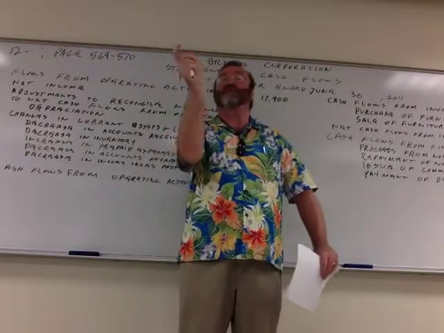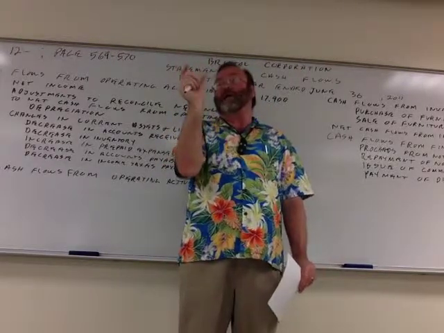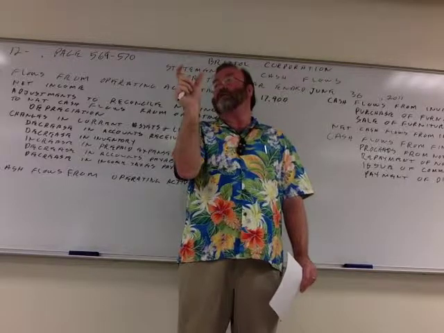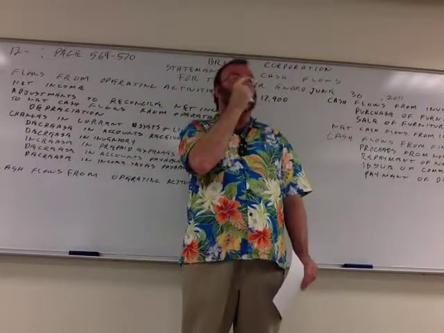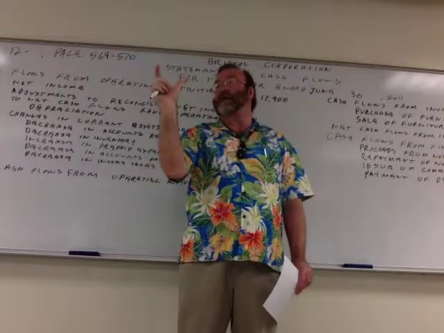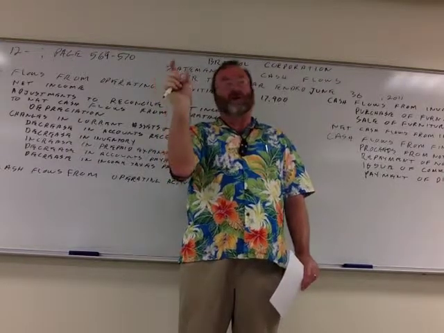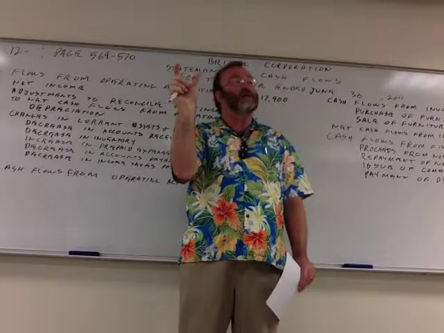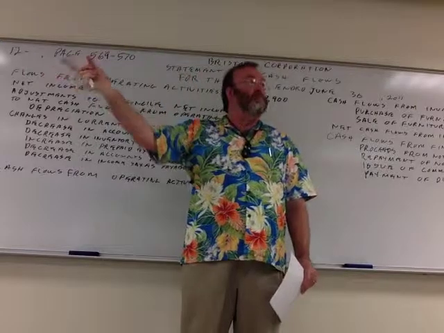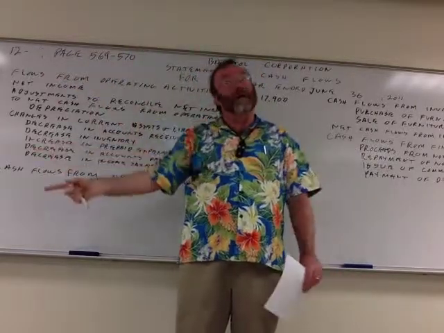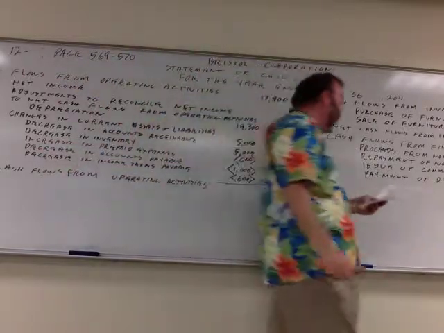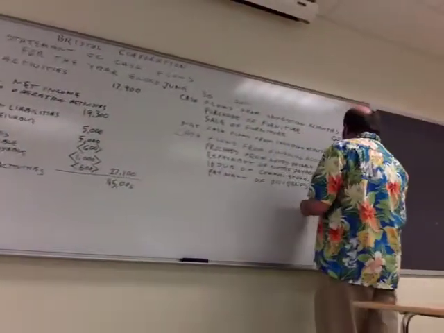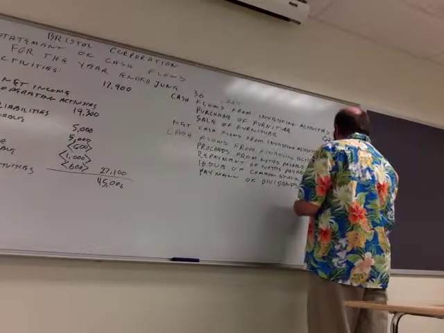When I get to the review for the final, because I make you do that on the final, I'll show you that calculation again. The difference between retained earnings, which went up, versus how much net income there was, is dividends. And in this case, the problem tells us $4,300.